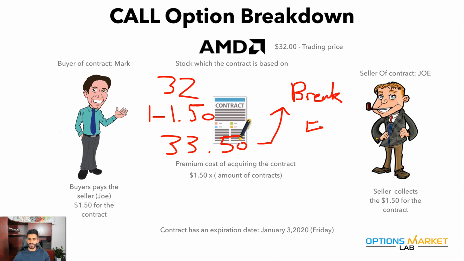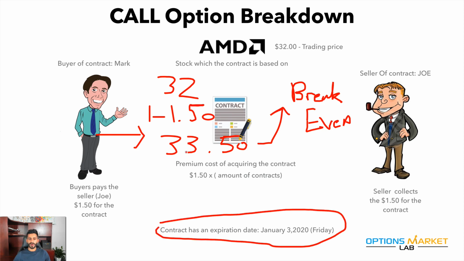So the break-even price has to be above 33.50, meaning that if Mark is going to make any profit, the stock has to be above 33.50 before this date, or it has to move up in a very aggressive manner, and I'll show you what I mean when we cover the option Greeks.